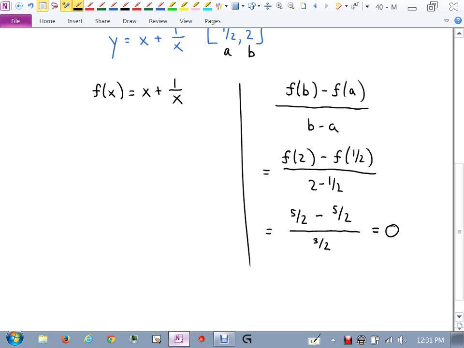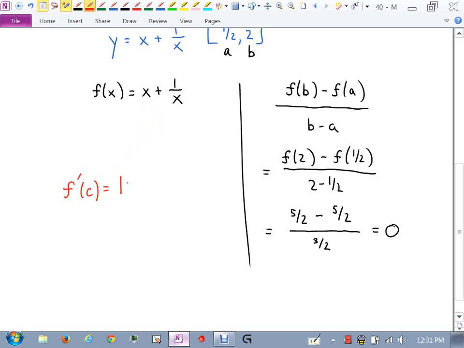So now, whatever this number is, in this particular problem it came out to be 0, didn't it? But if it had come out to be 2 or something else, that's the number you're going to use in just a second. I need to figure out where my derivative is equal to that. So I need my derivative. Did you all find your derivative? We can do it at x, but for the mean value theorem, they like to use c because we're trying to find the value c. So what's the derivative at c?